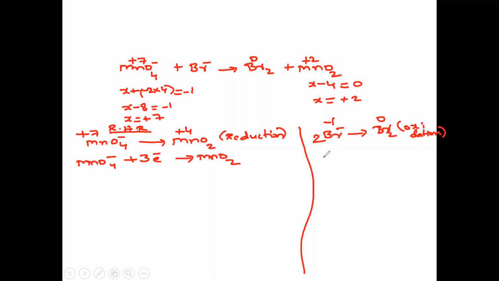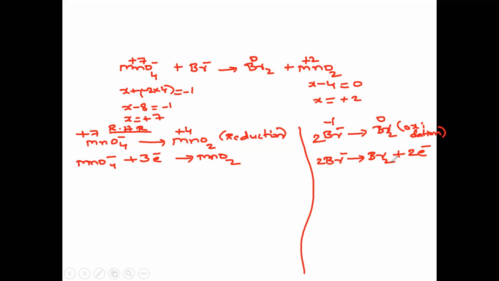So we write 2 Br minus gives Br2. Since oxidation is a losing of electrons, on that side we have to write plus. How many electrons is it losing? 2 electrons.